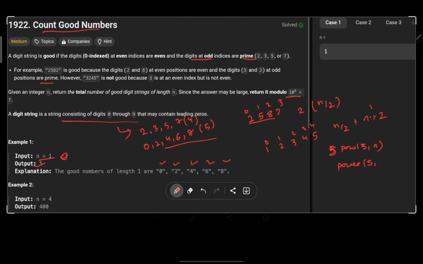That is multiplied with the power of 4, the prime count, raised to the number of odd indices. So this would be the answer.